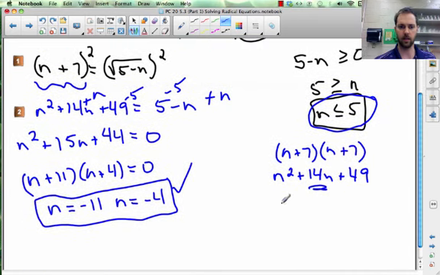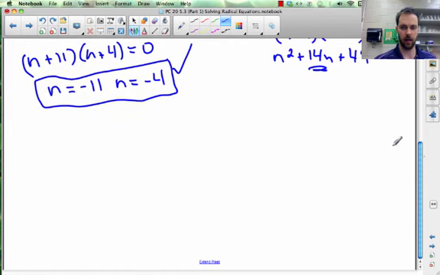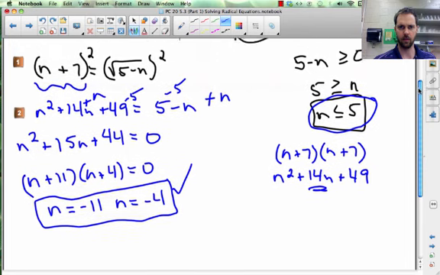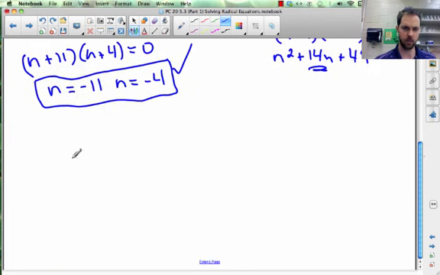So let's look at n equals negative 4 first. Our original equation here is n minus the root of 5 minus n equals negative 7. So let's test n equals negative 4.